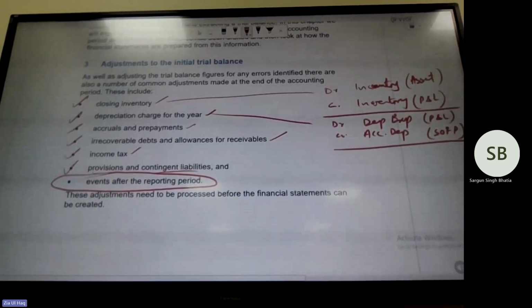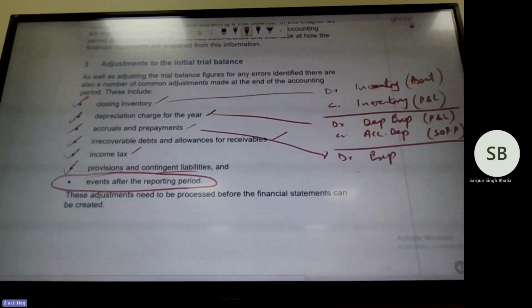What is the accounting entry for accruals? Debit expense, and credit accrued expense, accruals. This expense will go into the profit and loss account, and this accruals liability will go into the statement of financial position.